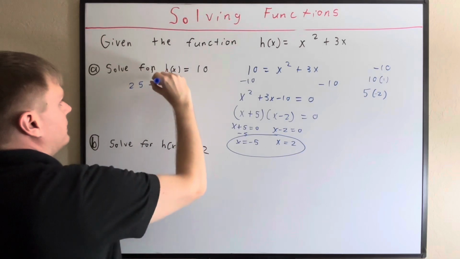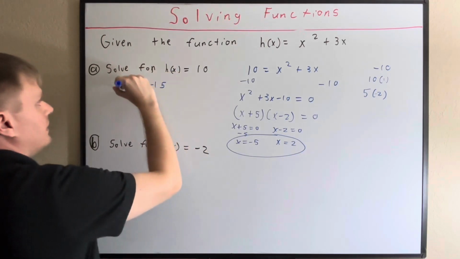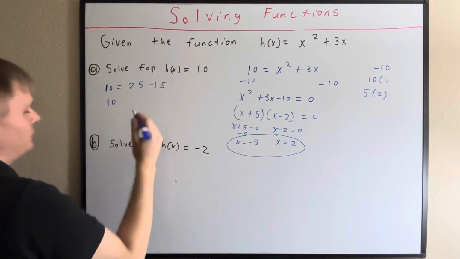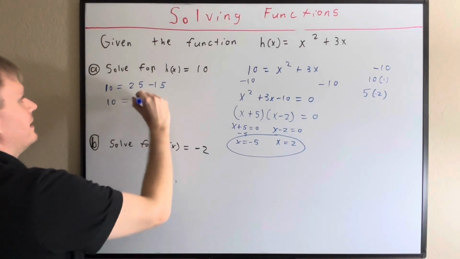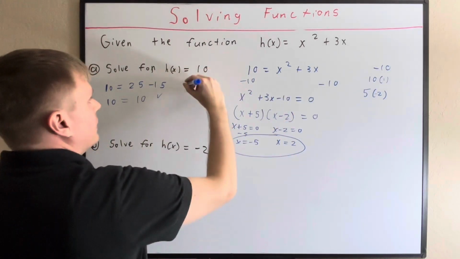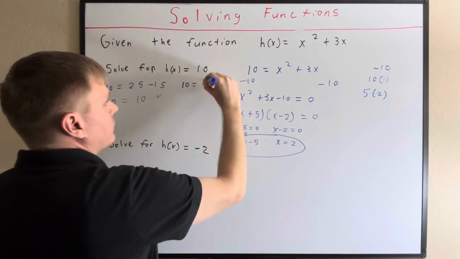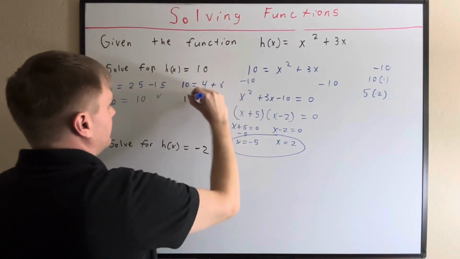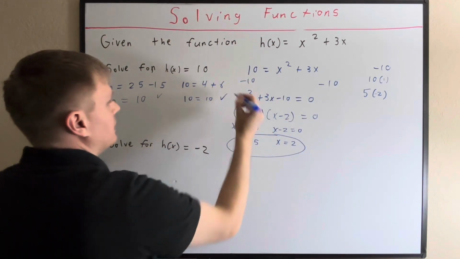Negative 5 times 3 is negative 15. Does that equal 10? Yeah, 25 minus 15 is 10. So that checks. 2. 2 squared is 4. 3 times 2 is 6. 4 plus 6 is also 10. So that checks too.